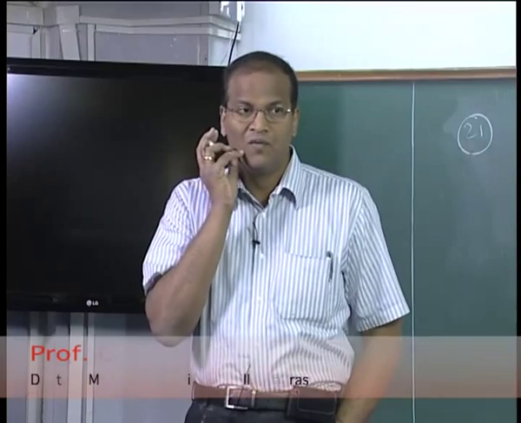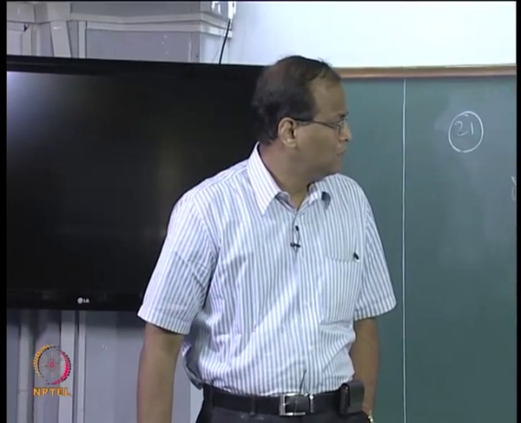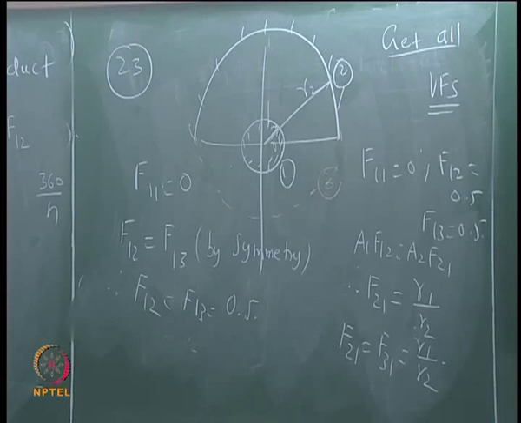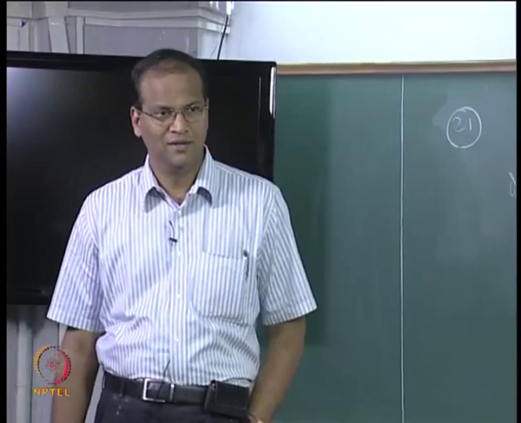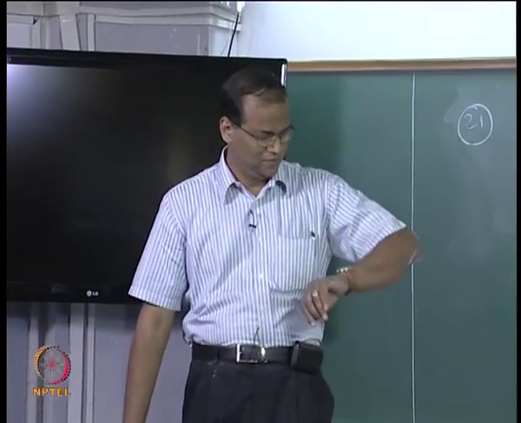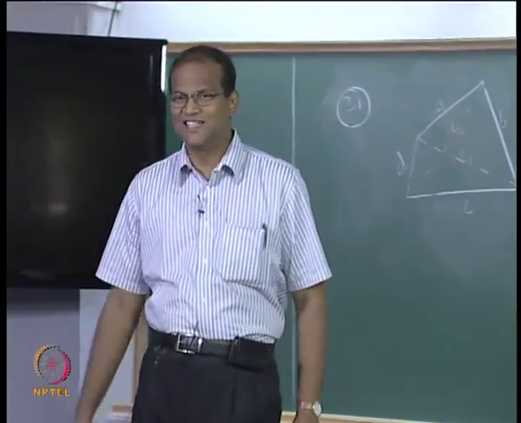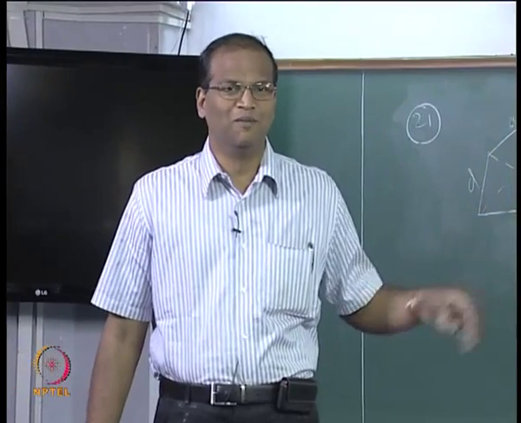What is F22? What about F23? Okay, I think everybody is stuck or what? Obviously this problem can be solved, isn't it? It's a simple problem. Why are you getting stuck?